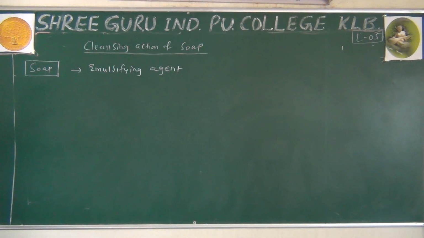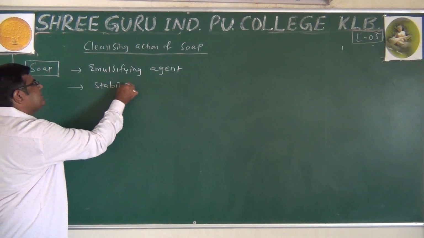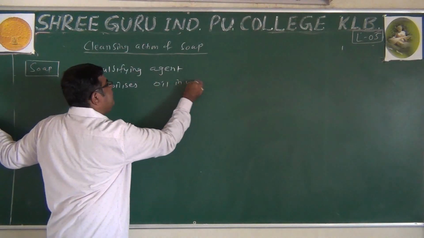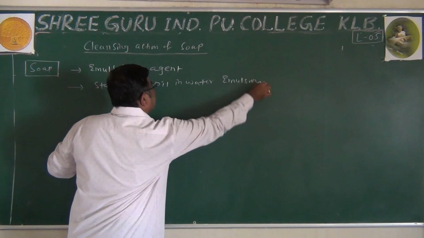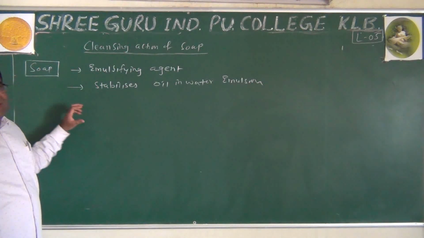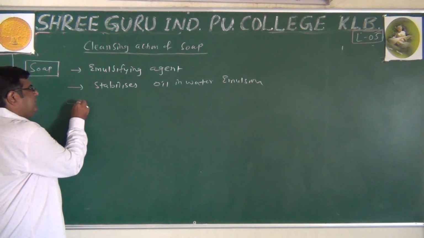What do we mean by emulsifying agent? It stabilizes oil in water emulsion. In an emulsion, the disperse phase is liquid and the dispersion medium is liquid. Oil and water is a kind of emulsion, and soap stabilizes it.